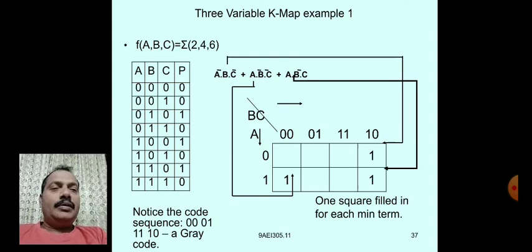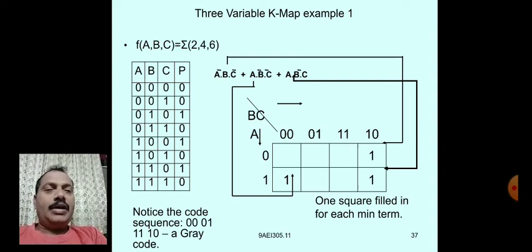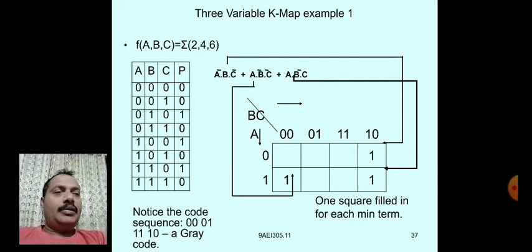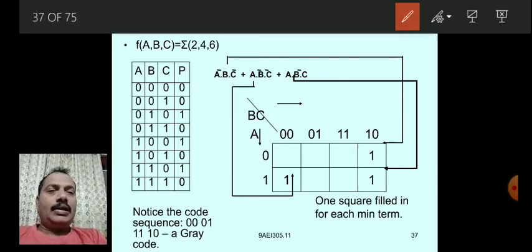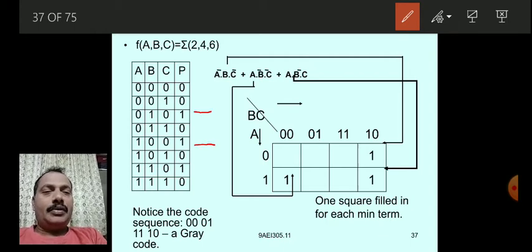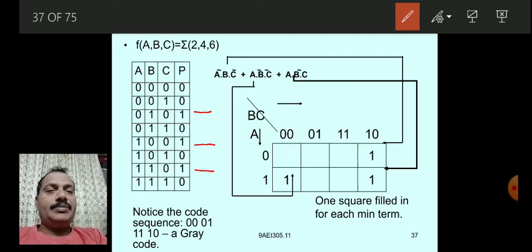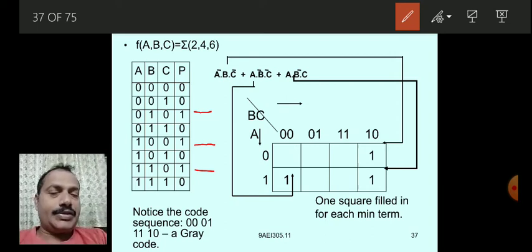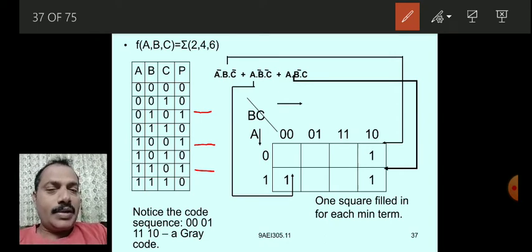Here the function f is represented like this. It has min terms at these positions. Only 3 min terms are there, that is 2, 4, 6.